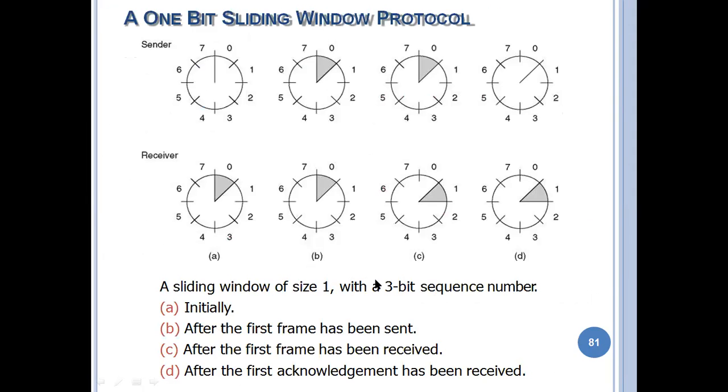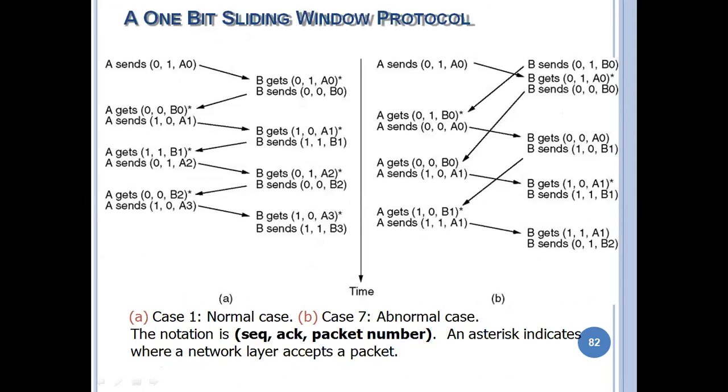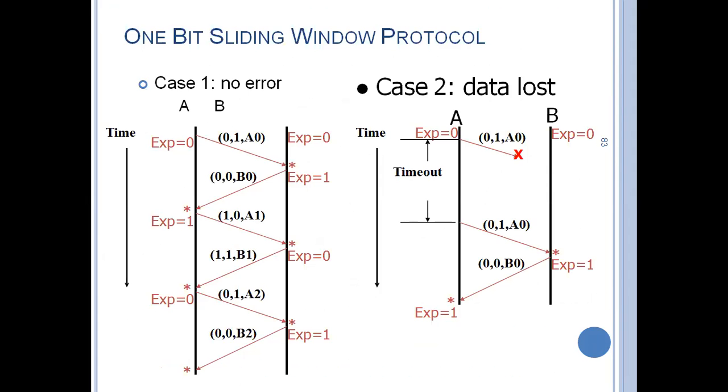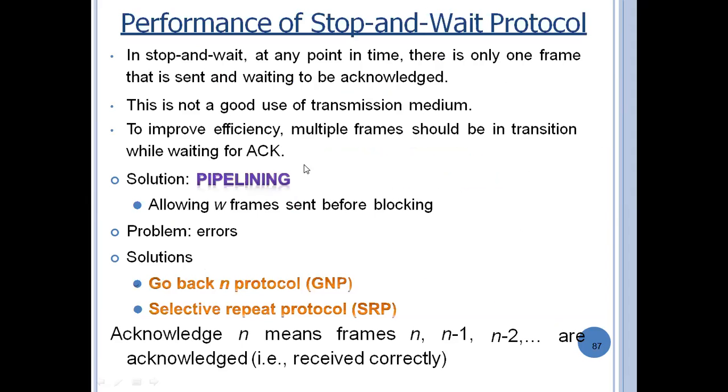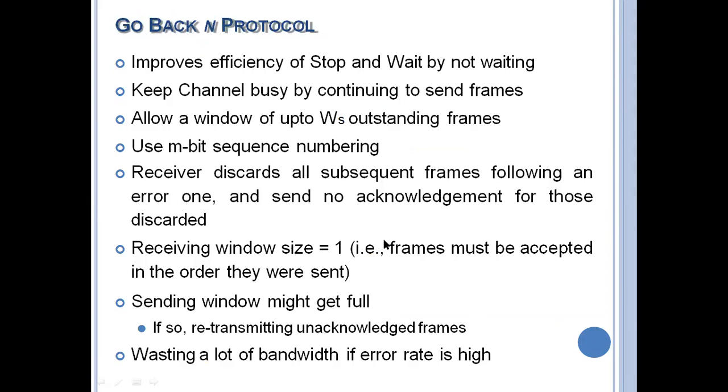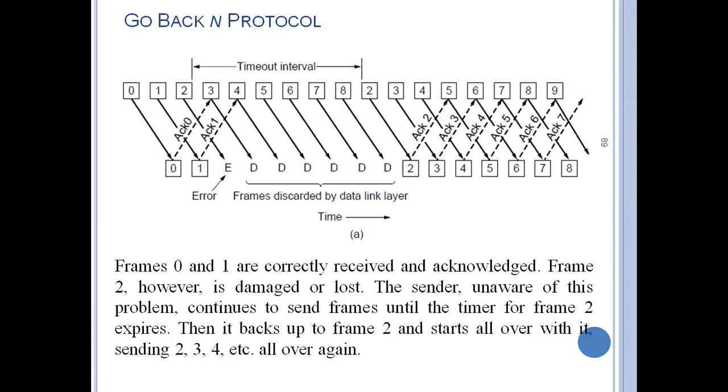This is the one bit sliding window protocol. There are a total of 6 cases in the one bit sliding window protocol, and the remaining two are the solutions for the stop and wait protocol, that is the go back N protocol and the selective repeat protocol.